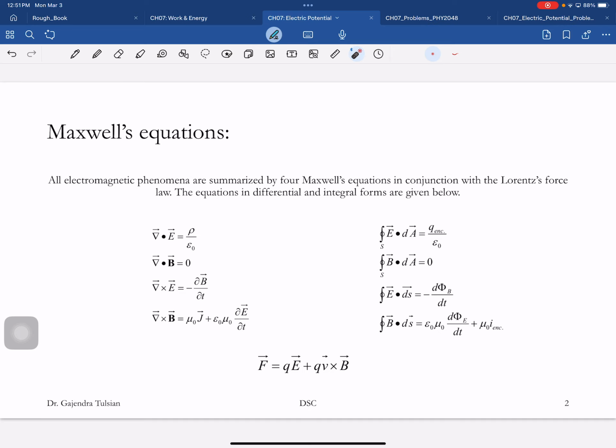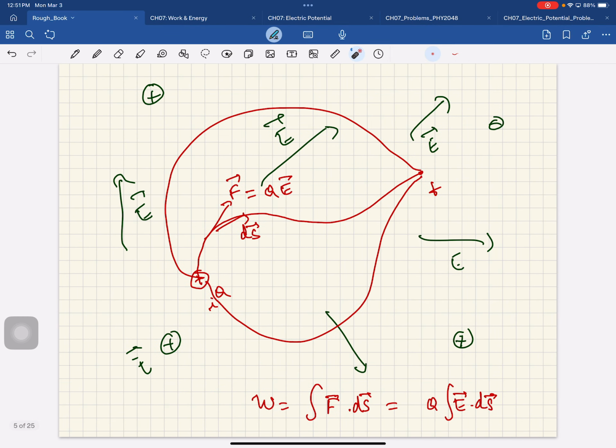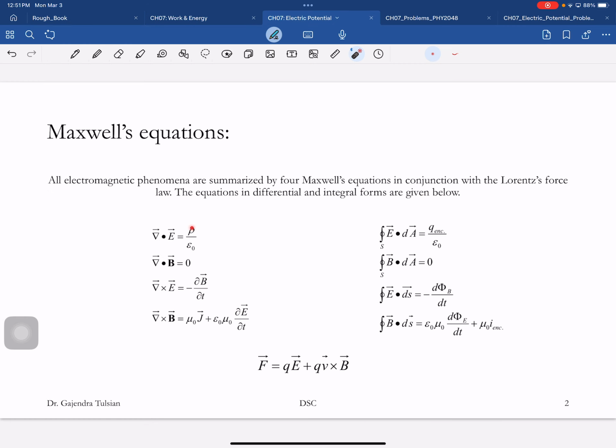So you guys saw, for instance, charges produce electric fields. This is charge density. Charge density is producing electric fields, and the form of the equation relates their configurations. So that's what that equation is telling you.